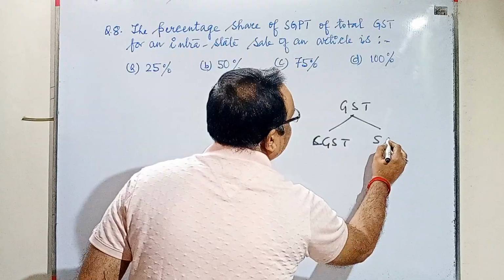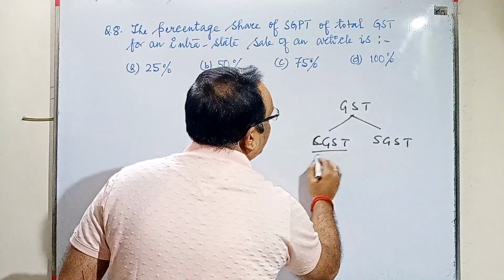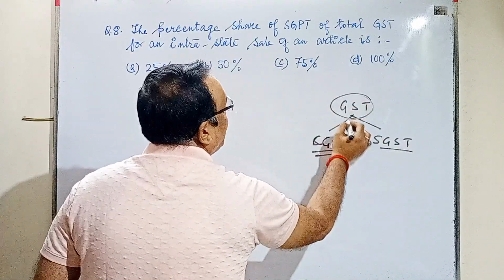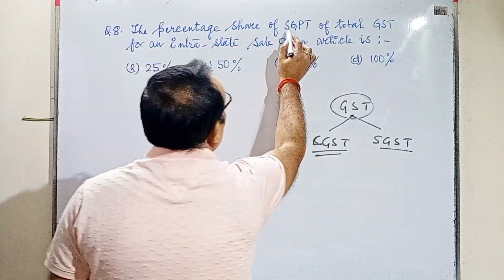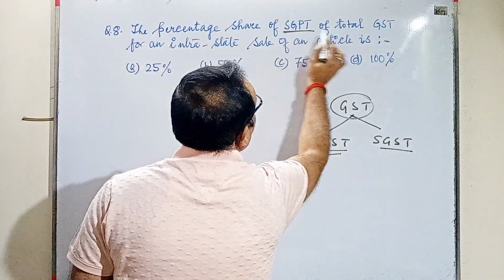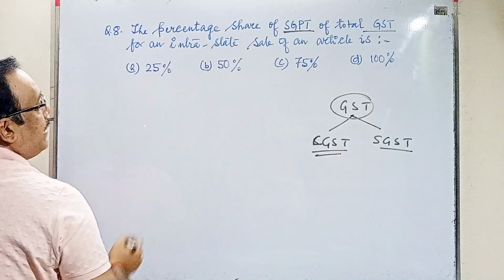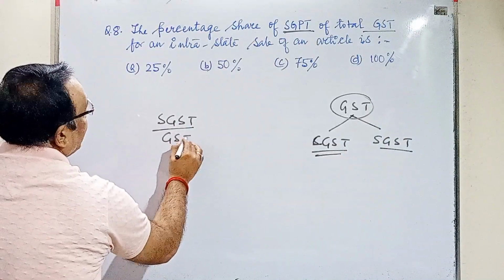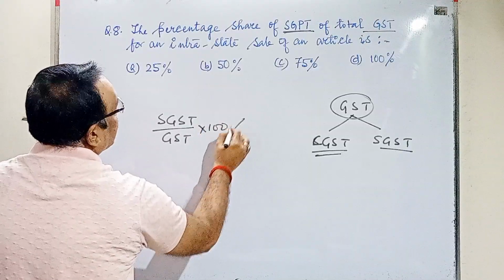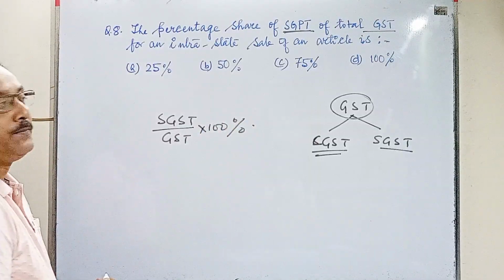And this GST was split equally into two parts, half. So they have asked me what is the percentage of SGST to GST. That means they are asking me SGST by GST into 100%.